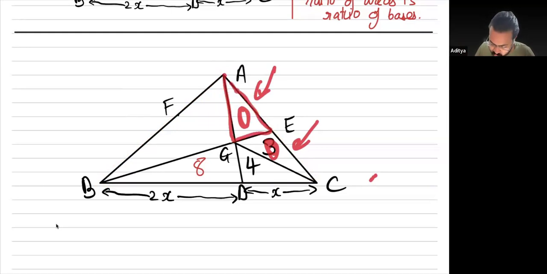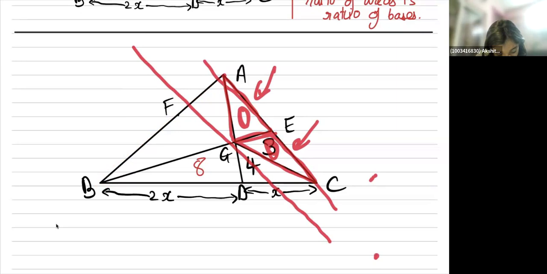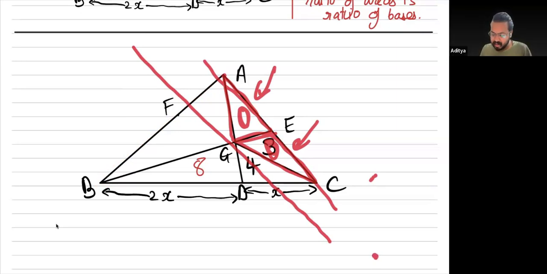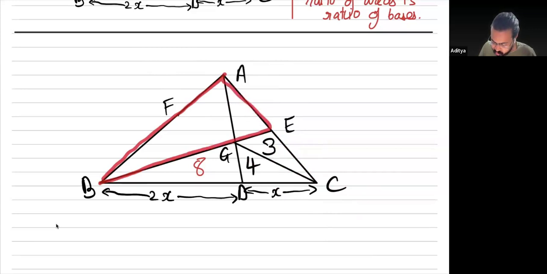If you notice, these two triangles are between the same set of parallel lines. They are not congruent. They have area ratio in the ratio of their bases because again these are two triangles having a common vertex. That means they have the same height. Both base lengths are on the same straight line. What that actually helps us do is you can see that the same thing is true for these two triangles also.